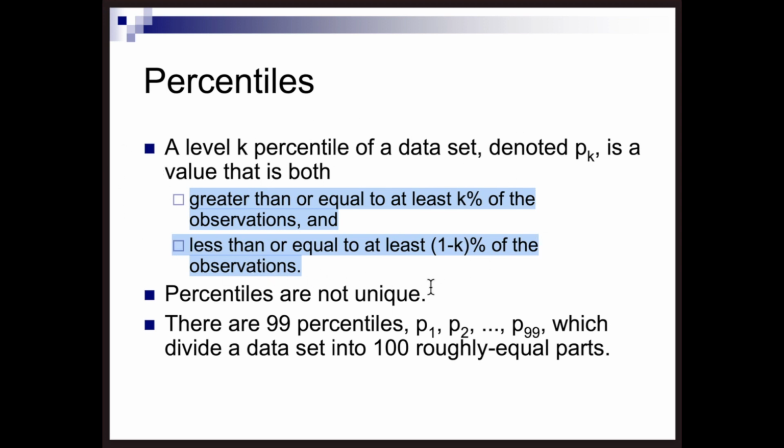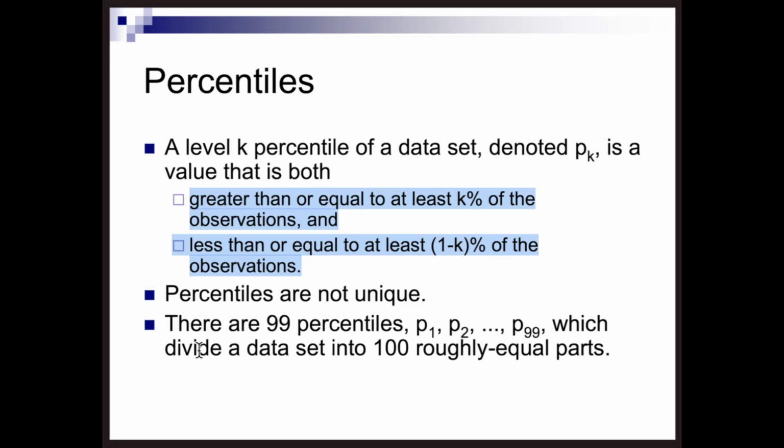This is reminiscent of how we define the median of a data set. In fact, the median is the 50th percentile of the data set. Now, the percentiles are not unique, and that should not be a surprise given that the median was not unique, and so the percentiles are also not unique.